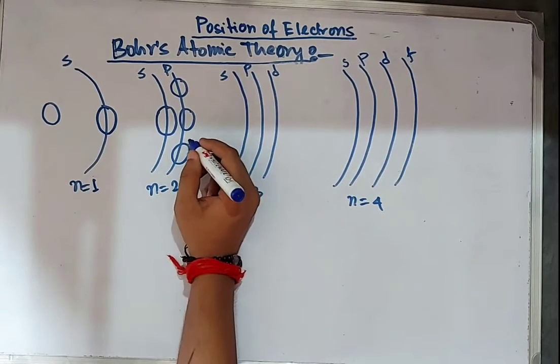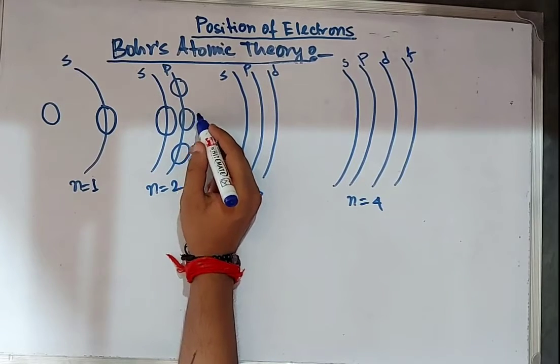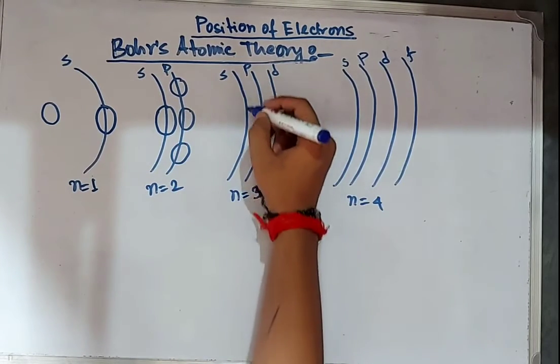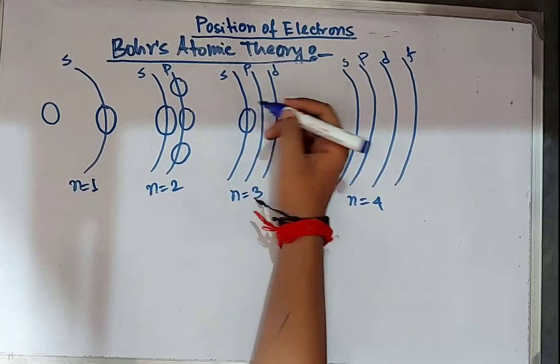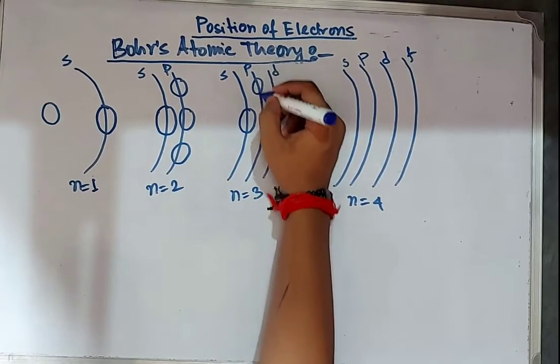As L equal to 1, it will be represented by minus 1, 0, 1. In S, there is only one orbital. In P, there will be 3 orbitals.